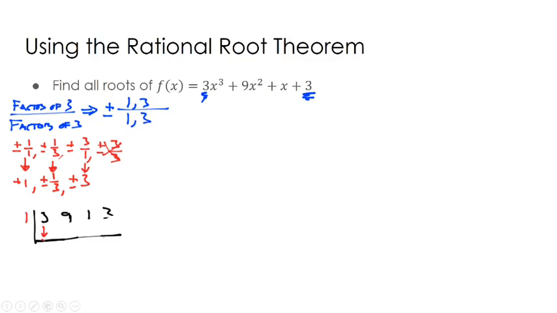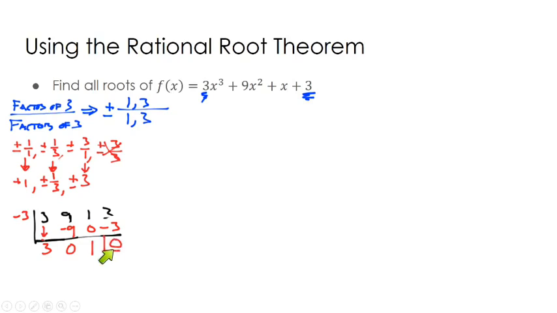Now for the sake of time, since I already know what the answer is, I'm going to jump to trying -3, so I'm not wasting your time doing a guess and check forever in here. So 3 times -3 is -9, add straight down. 0 times -3 is 0, add straight down. 1 times -3 is -3, add straight down, and you get a 0.